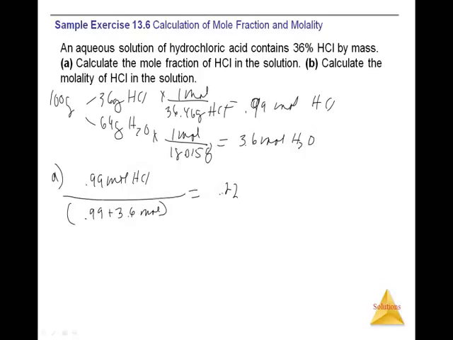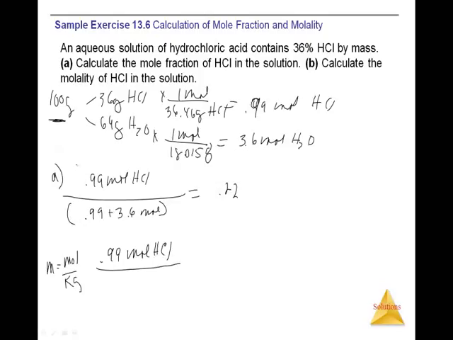Okay, that's for HCl. Now calculate the molality of HCl in the solution. So if I have 0.99 moles of HCl, molality is moles over kilograms, right? And what I said here is I'm going to assume I had 100 grams. So the 0.99 moles of HCl assumes a 100 gram sample.